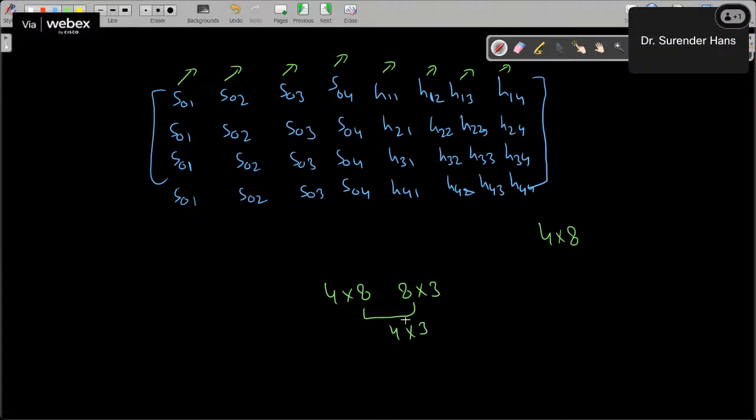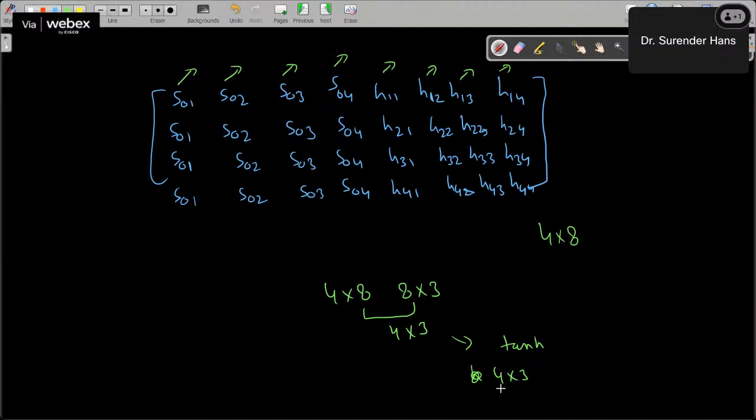Now we apply a non-linearity on this 4 cross 3, maybe tanh. I will add the bias also. Even after applying the activation function and adding the bias, I still have a 4 cross 3 matrix.